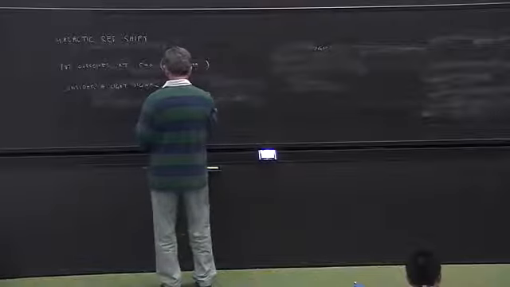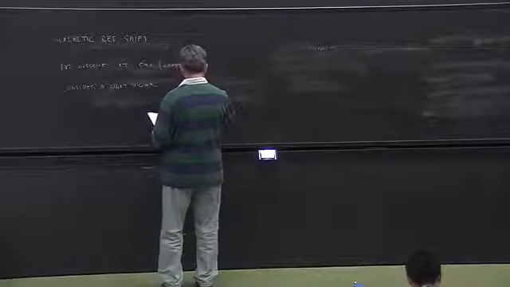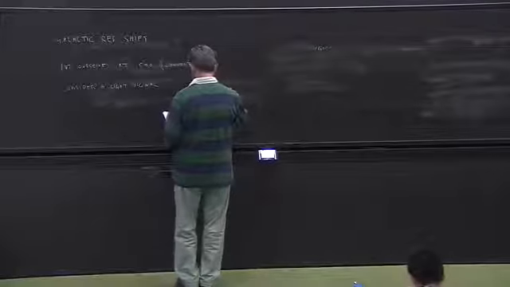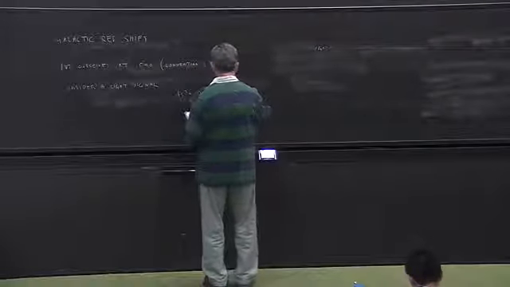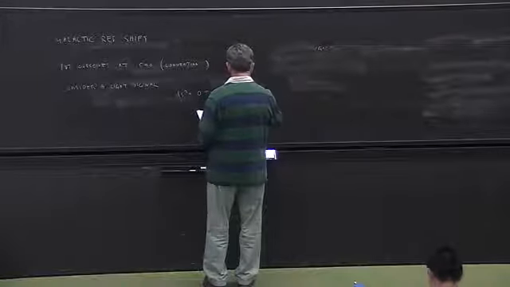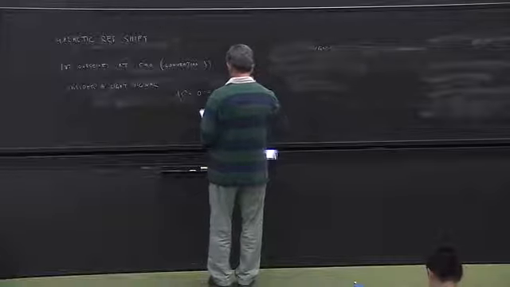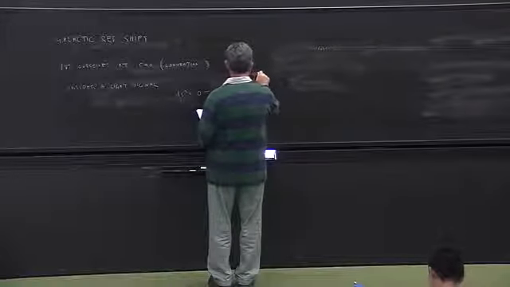which obeys ds squared equals 0 equals minus dt squared plus r squared of t dr squared over 1 minus k r squared, and we fix theta and phi.